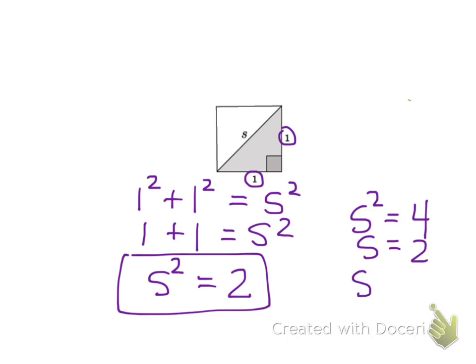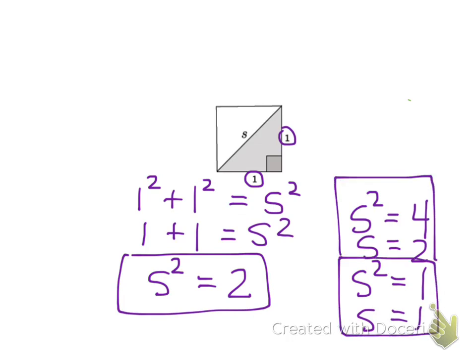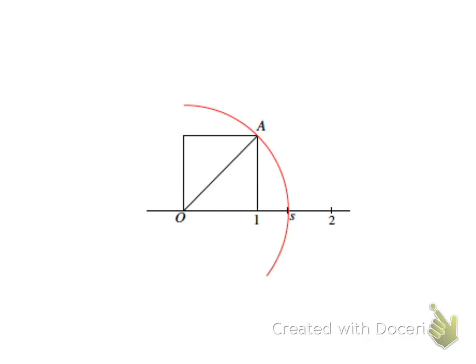And if S squared was equal to 1, then S would equal 1, right? So it's got to be somewhere between S equals 1 and S equals 2.